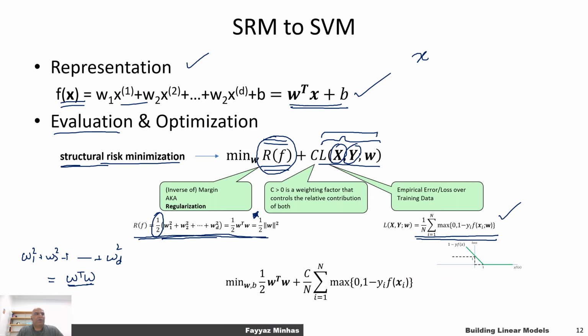Another even more compact representation is to write it in terms of the norm of the W vector. Remember, the norm of a vector W is nothing but the square root of W1 square plus W2 square up to WD square. So if you take the square of this, it essentially becomes this thing. So all these three things are equivalent.